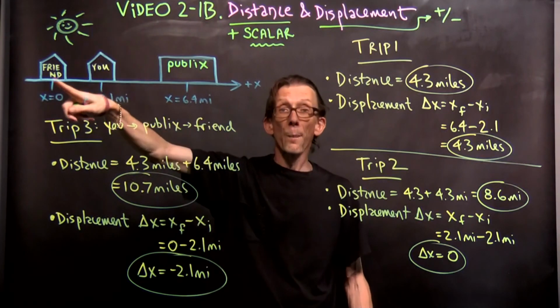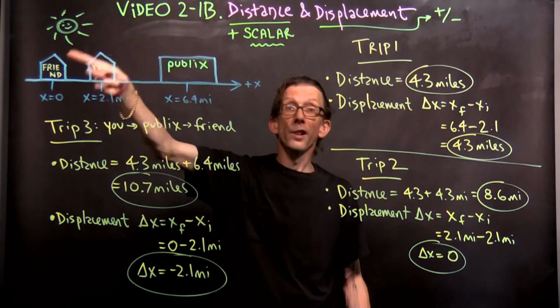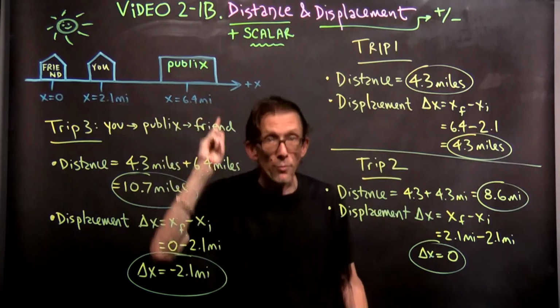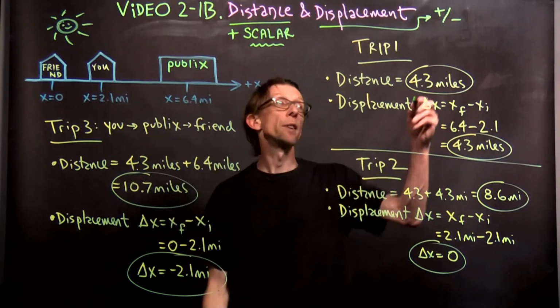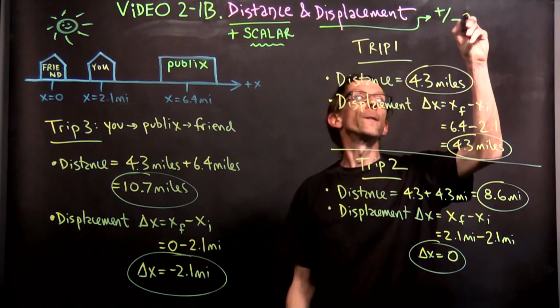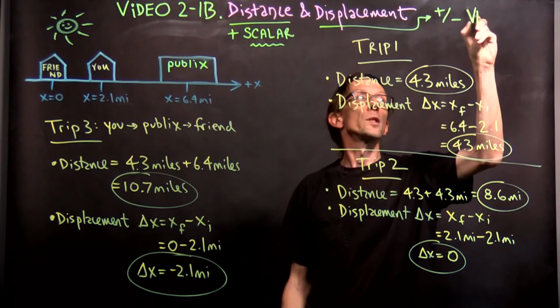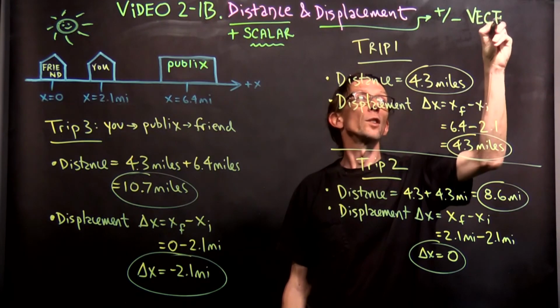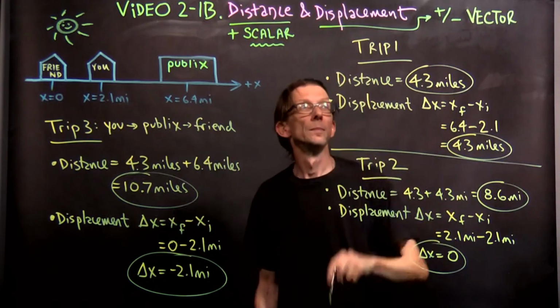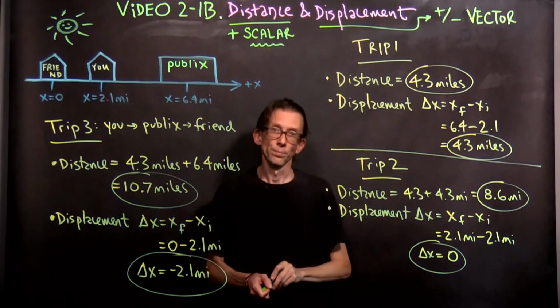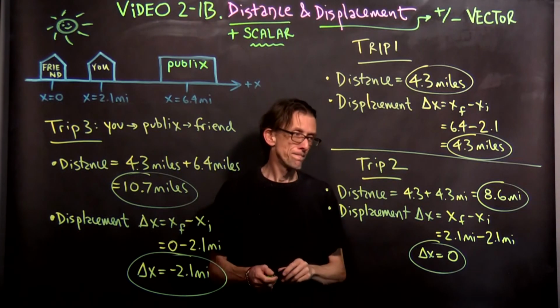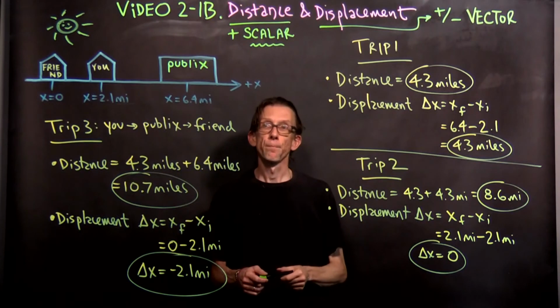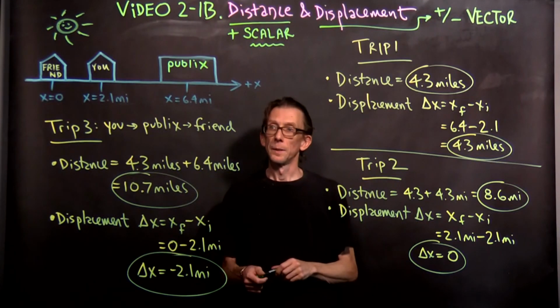If your final position has a lower value than your initial position, then you have a negative displacement. So it can be positive or negative, and displacement is therefore a vector. Okay. All right. I think I've covered it.